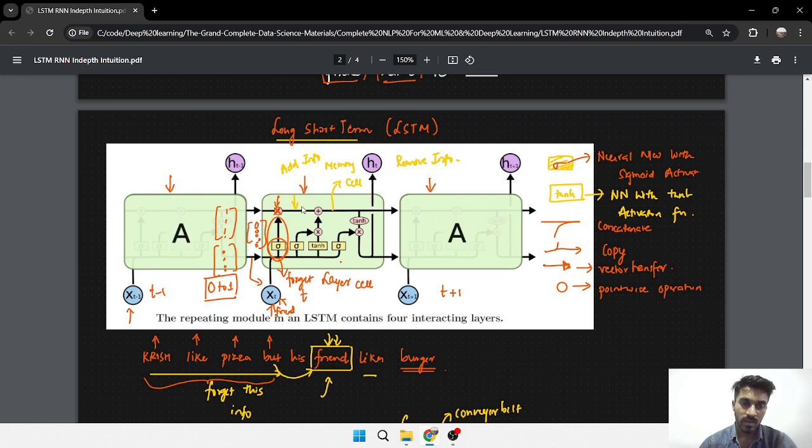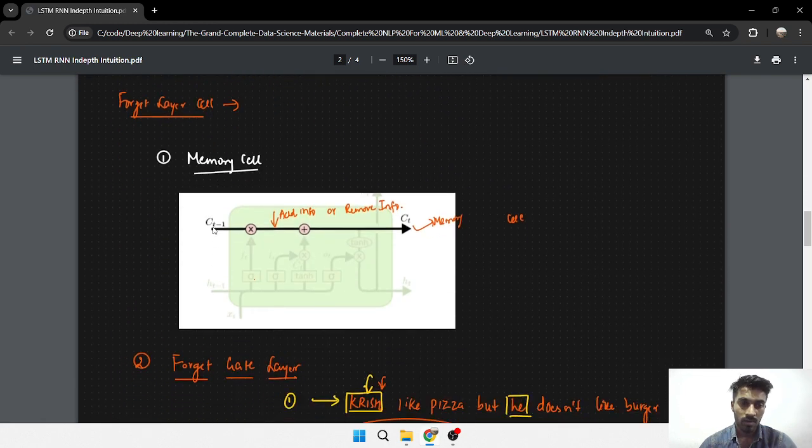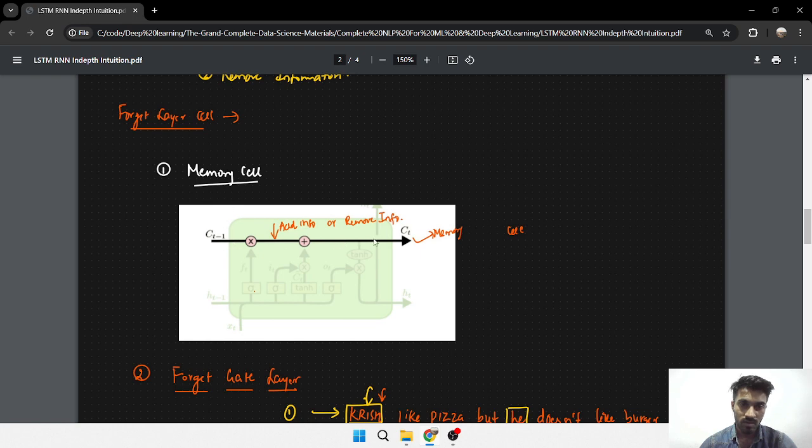It helps us remember what to remember and what to forget. Even if the sentence length is 3 or 4, it can remember all of this. This upper layer is known as the memory cell, and it helps us remember the long-term dependency context vector.